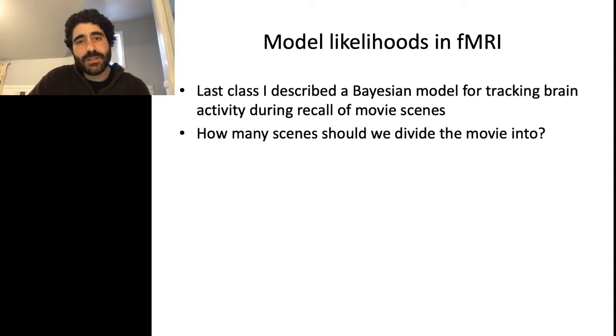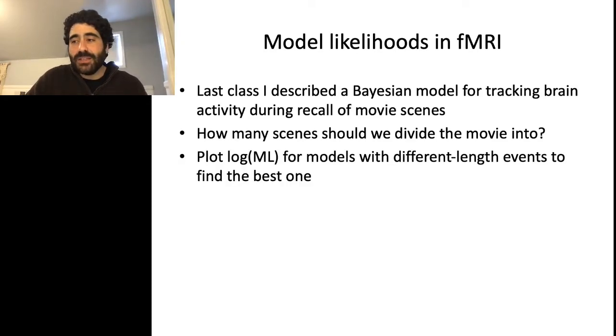So one thing we can do here is consider many different models with different numbers of events, and we can just look at this marginal likelihood term, this denominator term, to see which of these models is explaining the data the best. The graph I'm going to show, I'm actually plotting the log of this, but it's the same idea that higher values mean the models are better.